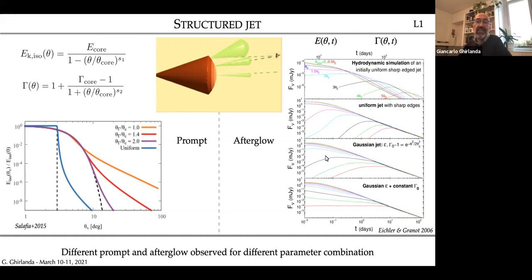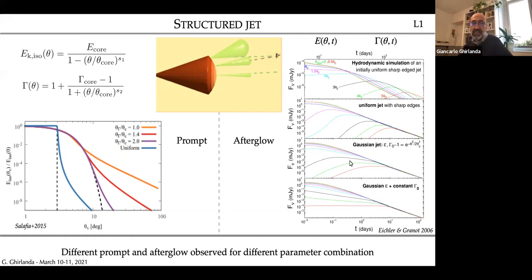So let's say the structured jet is advantaged with respect to the uniform jet, because indeed you have always some part of the emitting surface which is aligned with the line of sight, and you have also the contribution of regions which are not necessarily aligned with the line of sight, but contributing because of their relatively wide beaming angle. I hope I made it simple enough.